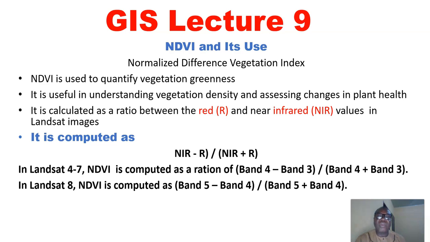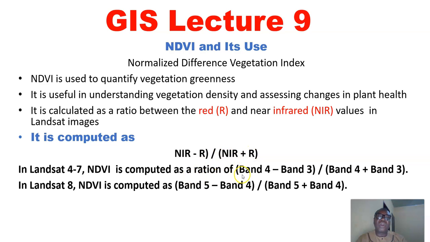Landsat has 7 bands, especially Landsat 4 to Landsat 7, but Landsat 8 has 8 to 12 bands. In Landsat 4 to 7, NDVI is computed as near infrared minus red divided by near infrared plus red.